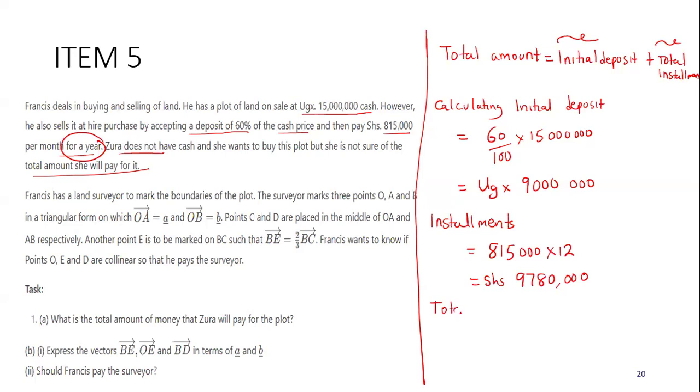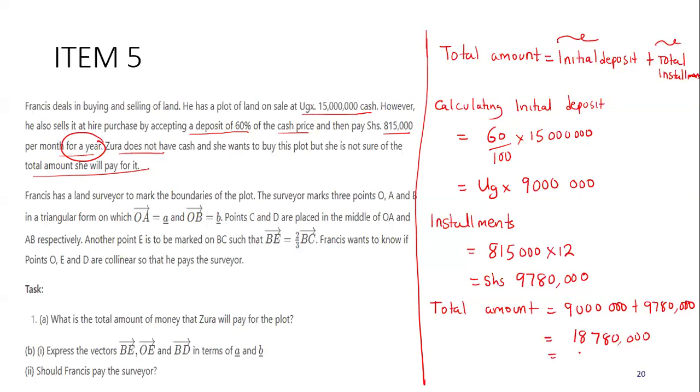From here, I can now calculate my total amount. Since it is equal to the initial deposit plus the installments, it is 9 million plus 9780000. This gives us a total amount of 18,780,000.